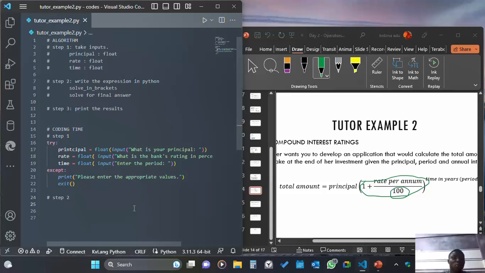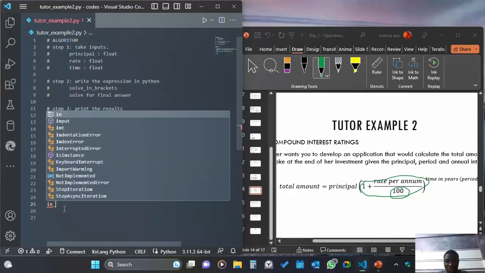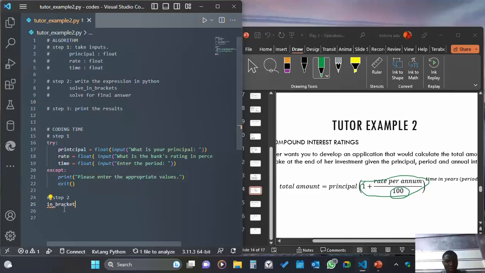So with our step two, solve in brackets. We want to solve the one in brackets first. Okay, so the one in brackets is saying 1 plus rate divided by 100. So in brackets, underscore brackets is my variable name, so I can say 1 plus the rate divided by 100.